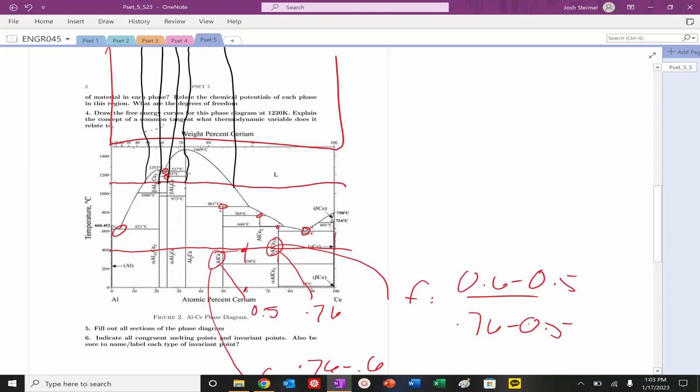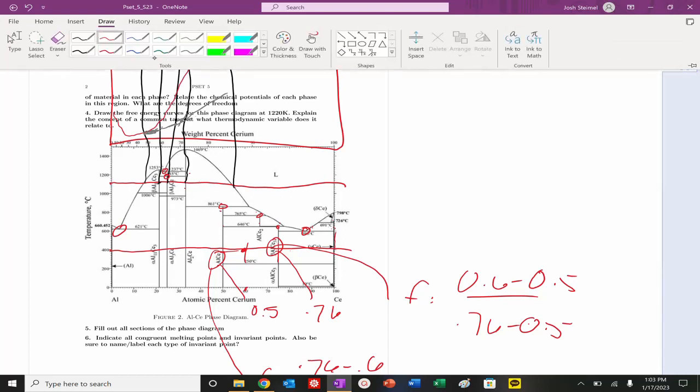I could draw a common tangent, a little slope like that. I could do a common tangent like this, common tangent going up like that, and then common tangent going up like that. I'm just going to pick random colors. Single phase region here is just going to be here, up, and then gone.